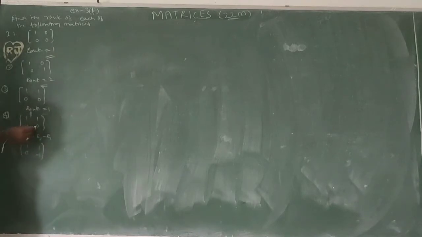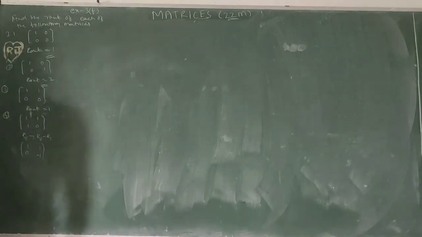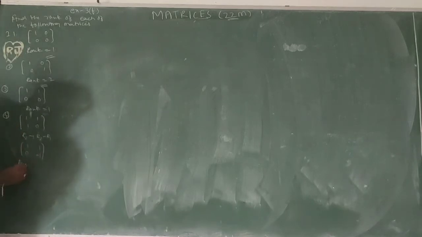Before the step it was 0, but after the elementary transformation it is minus 1. So this is a non-zero row, and this is also a non-zero row. So the number of non-zero rows equal to rank equal to 2.